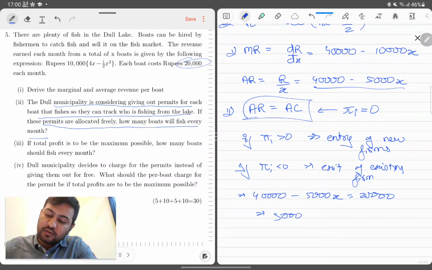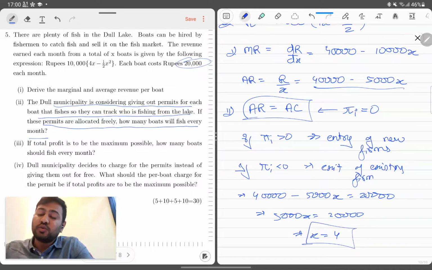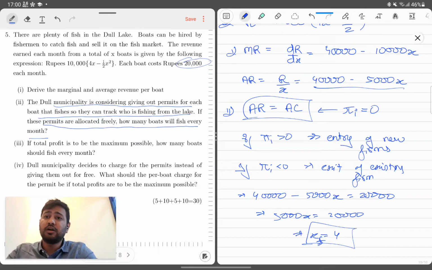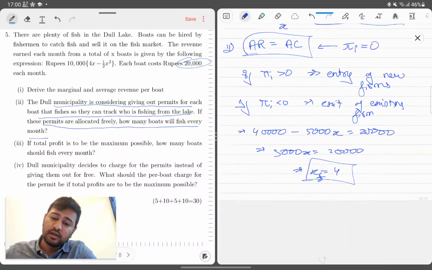So this implies 5,000x must be equal to 20,000, which implies that x must be equal to 4. So in case of free entry, let me call it xf, the number of firms present in the market is going to be 4.